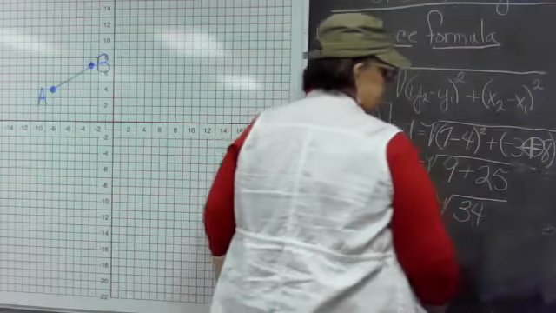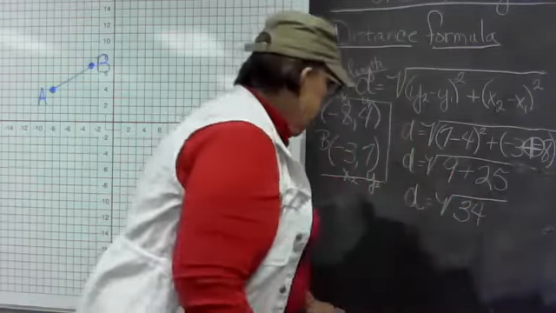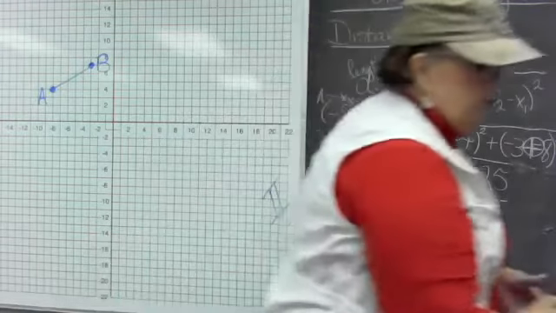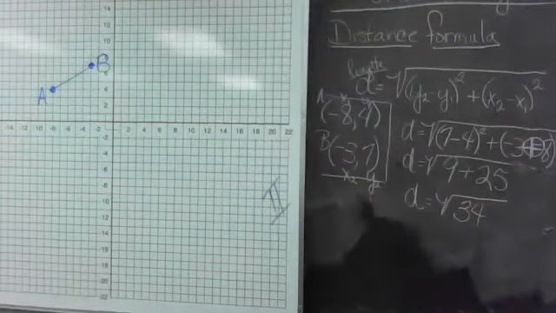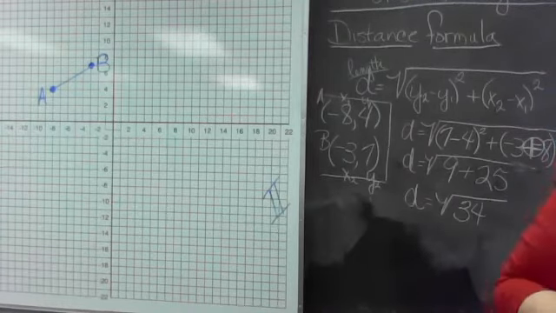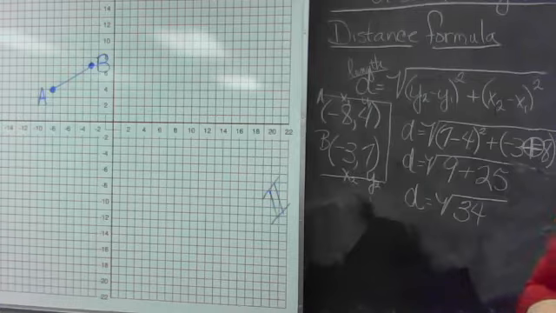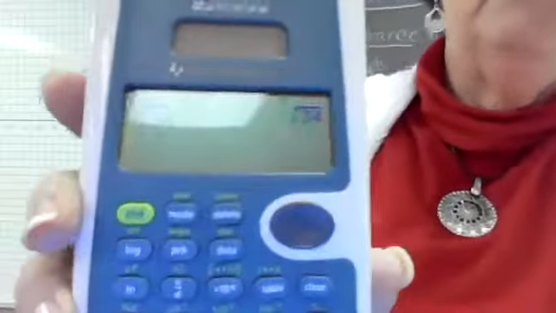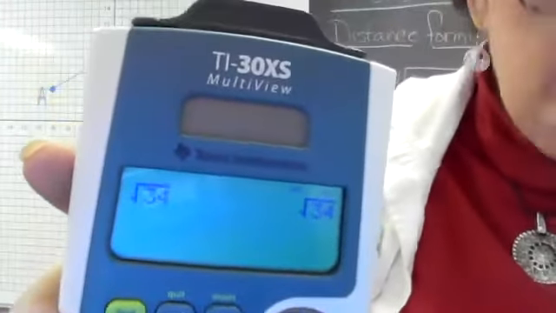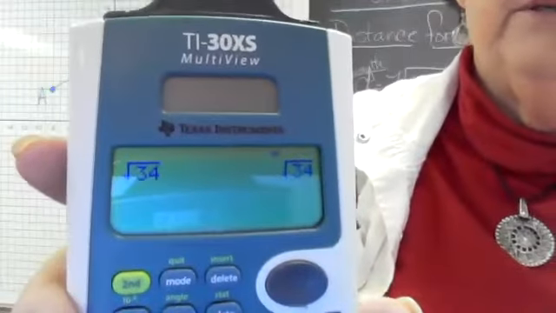Now in this case, that's not a perfect square. And so we're going to use our calculator to find the square root of 34. Now when I did this on my calculator, this is what I came up with. Well, that doesn't help me, because the instructions tell me to round my answer to 2 decimal places.